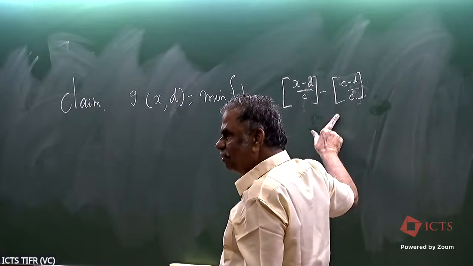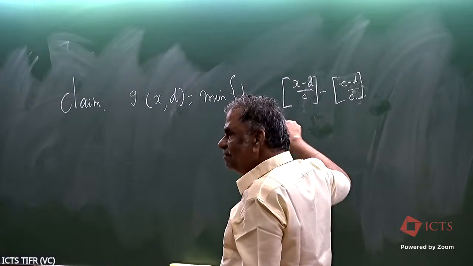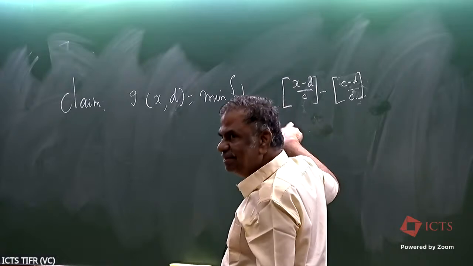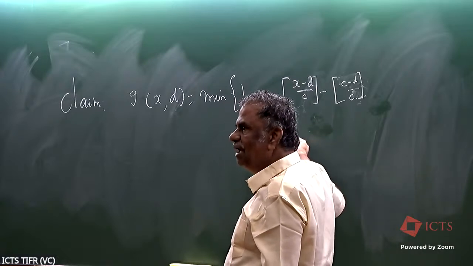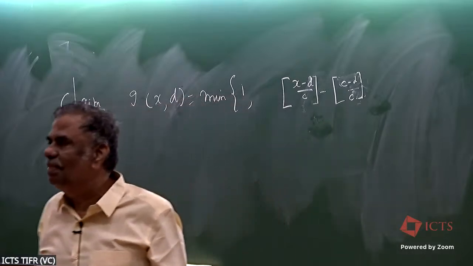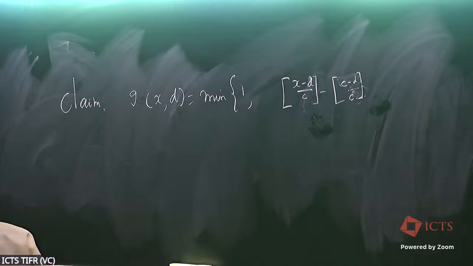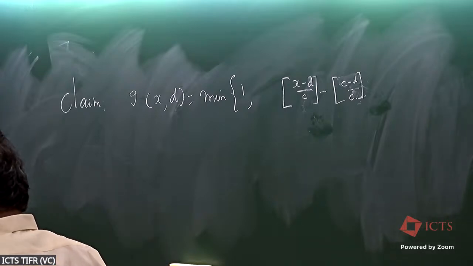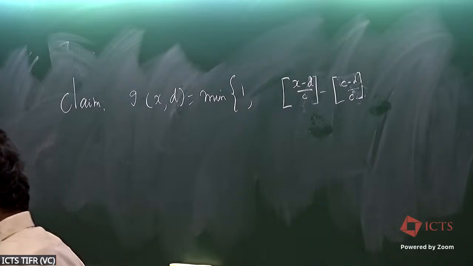Therefore, 1 minus 0. But otherwise, if x is less than d, then this also will be a little negative, and that will also give a 0, and this will give a 0. Good. Therefore, the g of x,d is a nice function. Is it okay?